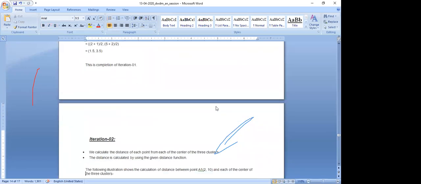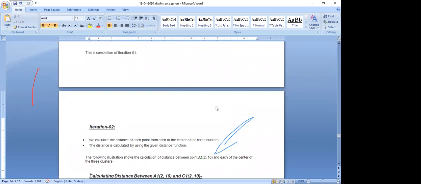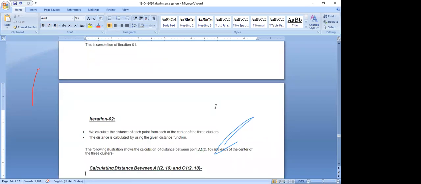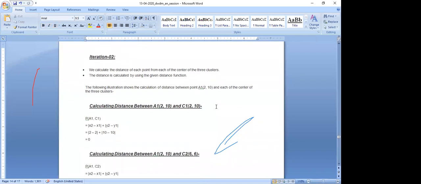So again we have to compute the values. For that, we have to calculate the distance of each point from the centers of the 3 clusters, again using the Manhattan distance formula. For A1 (2, 10), the center is 2, 10 as usual, because there is no change for the cluster 1 group.